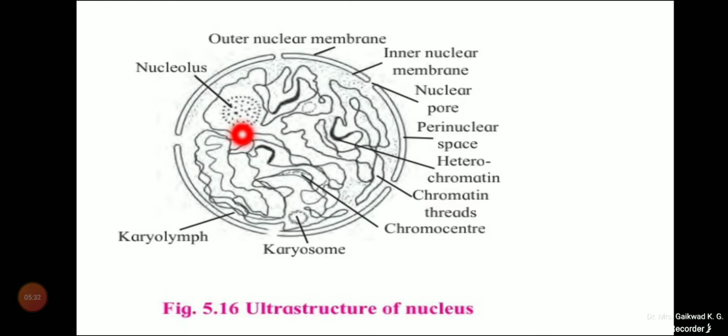For example, the cells of the oocyte contain a large nucleolus, because the synthetic activity there is much more. That's why the oocyte has a large nucleolus.